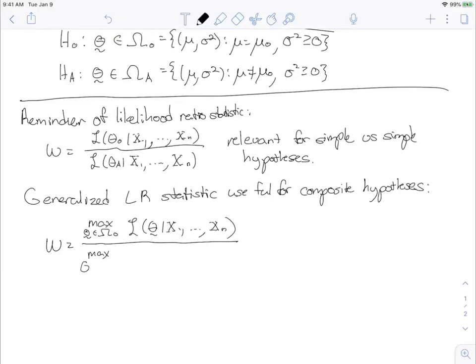So I guess maybe we can write just theta in omega, so not omega A here. So now the denominator is just going to be, out of all possible parameter values, what is the maximum value of the likelihood?